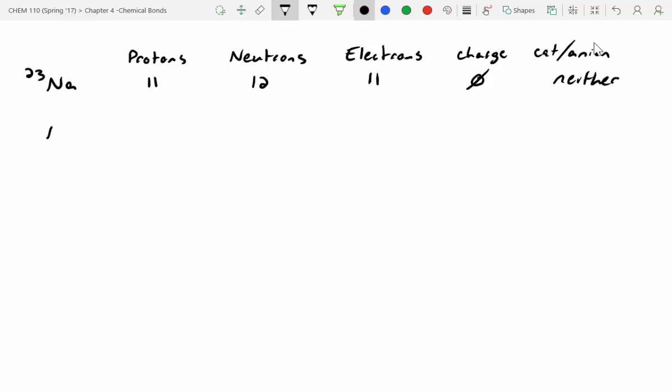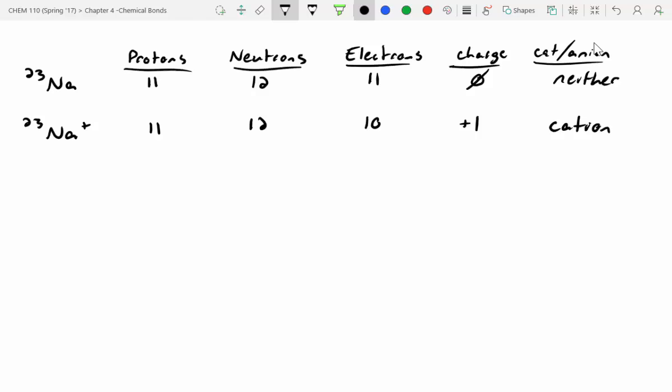However, what if we take away an electron? It still has 11 protons. That hasn't changed. It still has 12 neutrons. How many electrons now? 10. Which means it has a charge of +1, and it's going to be a cation. All right, and then we can do something like Cl- with 35.